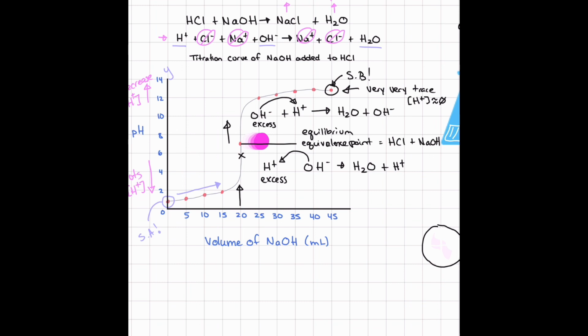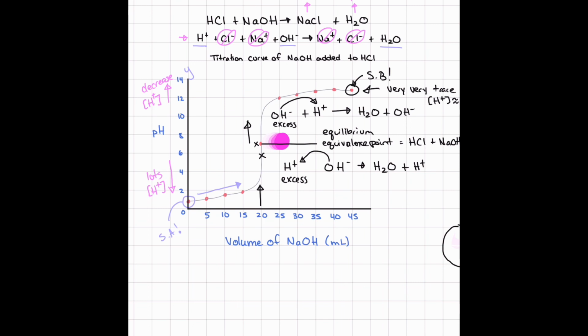It will not be over here. Where do you think it will be? Remember, we said that phenolphthalein has a color change between 8.5 and 9. So we'll most likely see a color change happening around here.